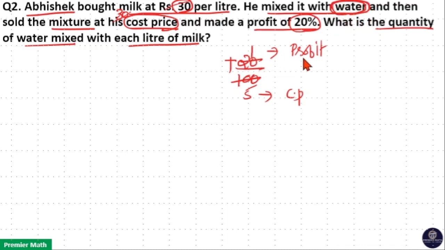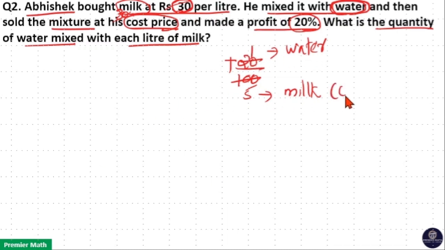So this plus 1 part is the water quantity, which means this 5 part is the milk quantity. Cost price here means the cost price of milk at 30 per litre, so this cost price denotes the milk. Now you can see 5 part is the milk quantity and 1 part is the water quantity.